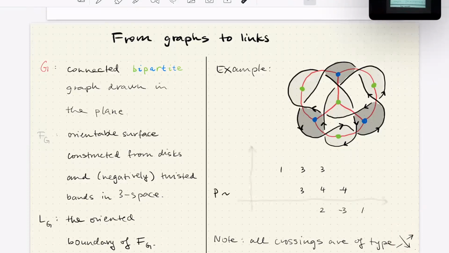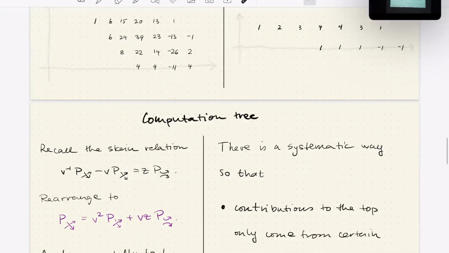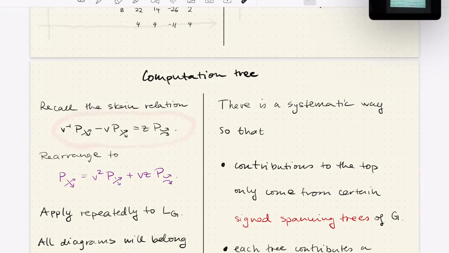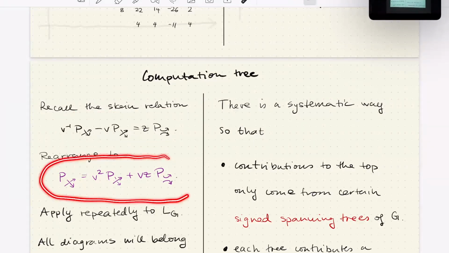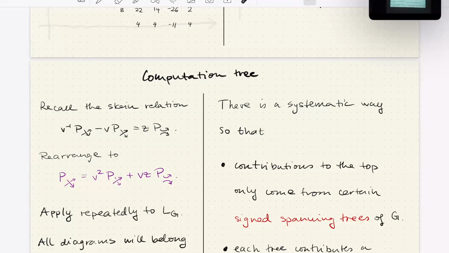It makes sense then to rearrange the skein relation so that you solve for the Humphrey polynomial of the diagram that contains the positive crossing. That's expressed with the Humphrey polynomial of the same diagram with the negative crossing like this, and the same diagram with the crossing smoothed, with this other coefficient. So, simple algebra, right? The coefficients become v squared and vz.